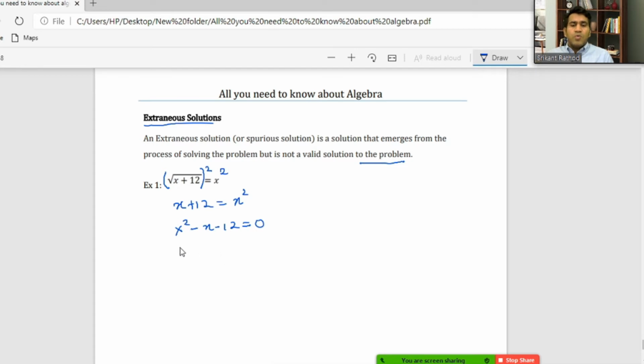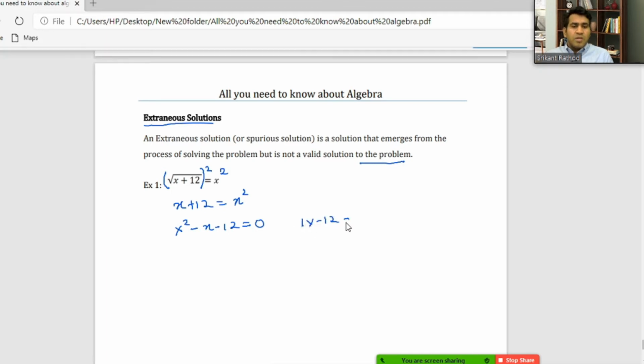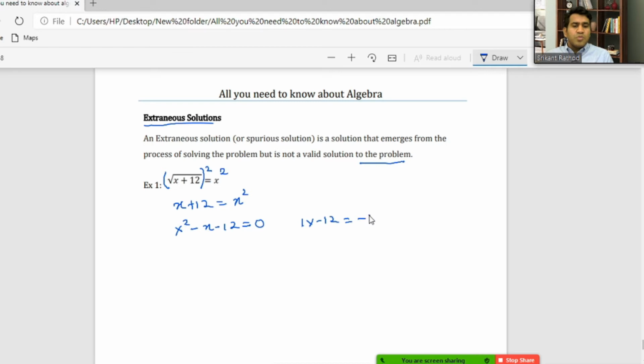So how do you get the factors of this quadratic equation? You have to multiply the coefficient of x squared with the constant term, that is negative 12. 1 times negative 12, the product of those numbers should be negative 12. Then you write the factors of this number, and when you add those factors, you should get the coefficient of x, which here is negative 1.